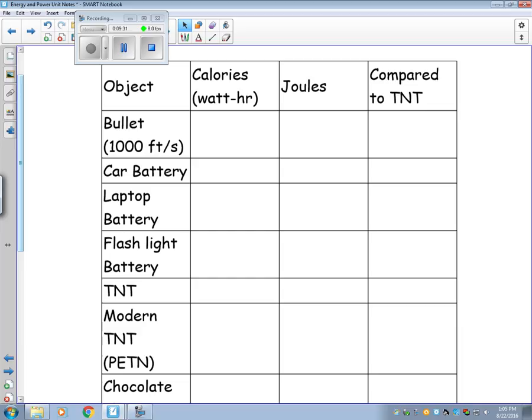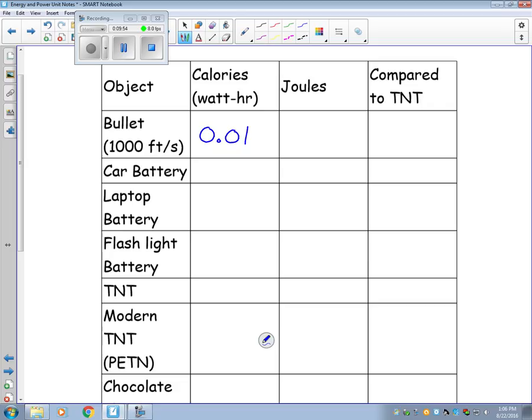If I had a bullet that had a mass of 1 gram, and if it were traveling at 1,000 feet per second, well, that means that it would have kinetic energy. And calorie, which remember 1 calorie is roughly 1 watt hour, it would have 0.01 calories. So really not a lot of energy if you think about it.